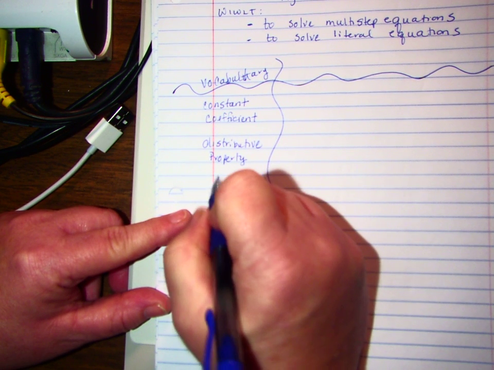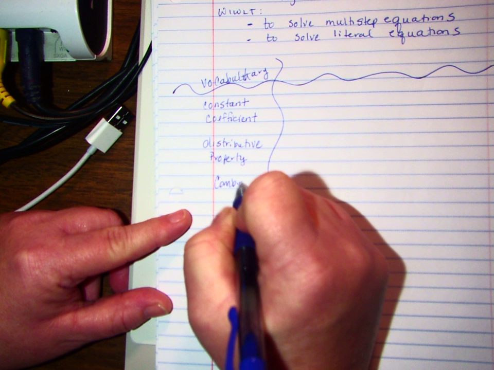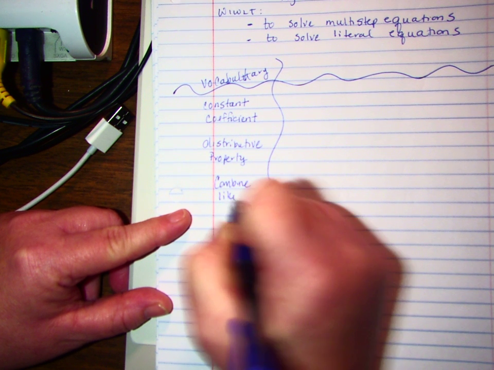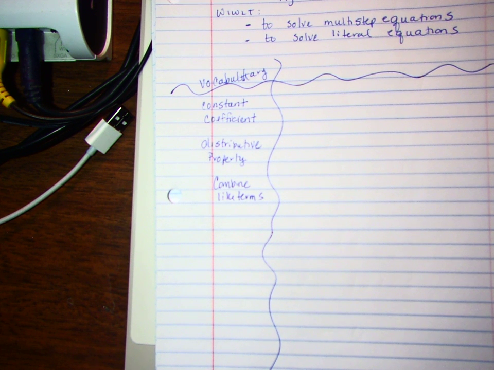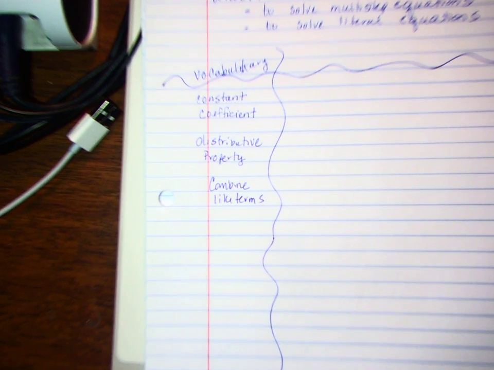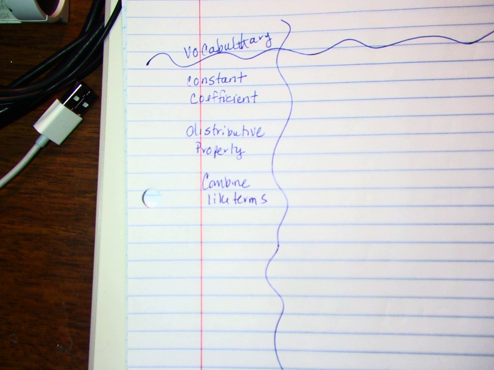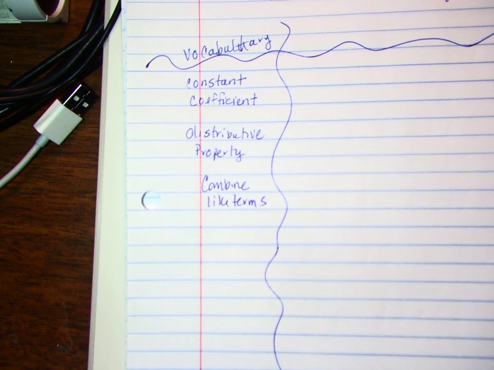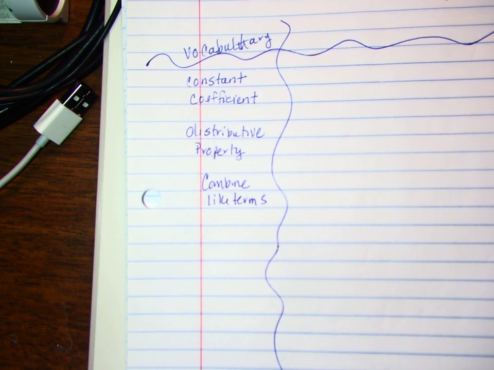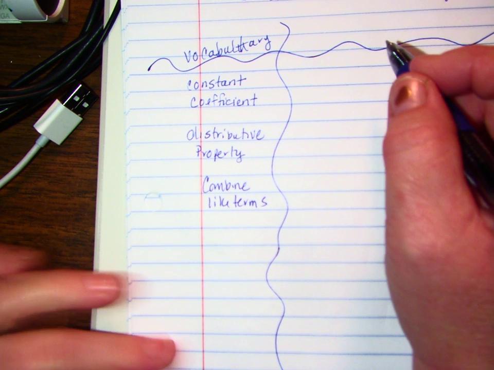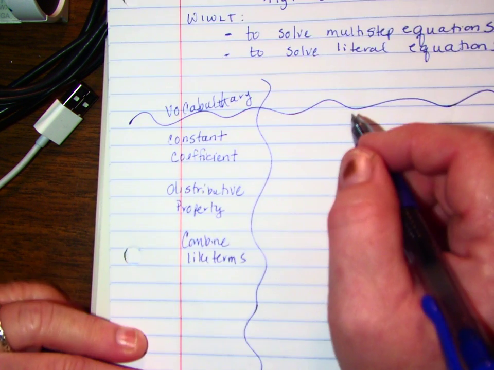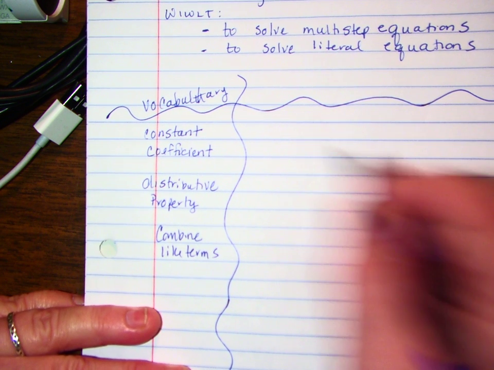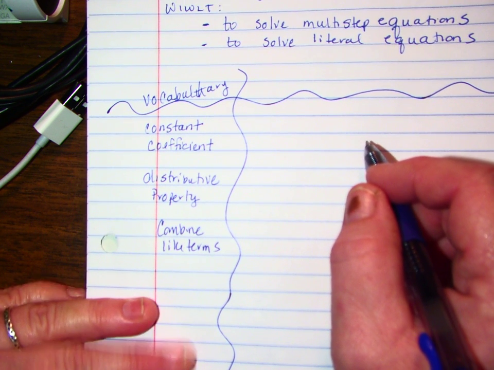And combine like terms. So vocabulary that we have to know to be successful today is constant, coefficient, distributive property, and combine like terms, to solve multi-step equations and to solve literal equations.